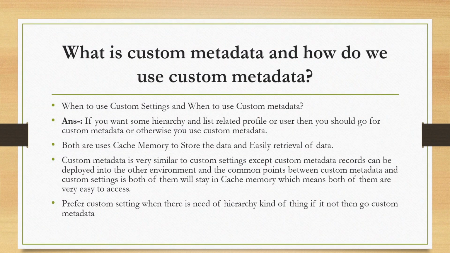What is custom metadata and how do we use it? When to use custom settings and when to use custom metadata? Let's take a simple example: if you want some hierarchy or list related to a profile or user, then you should go for custom settings, otherwise you go for custom metadata.